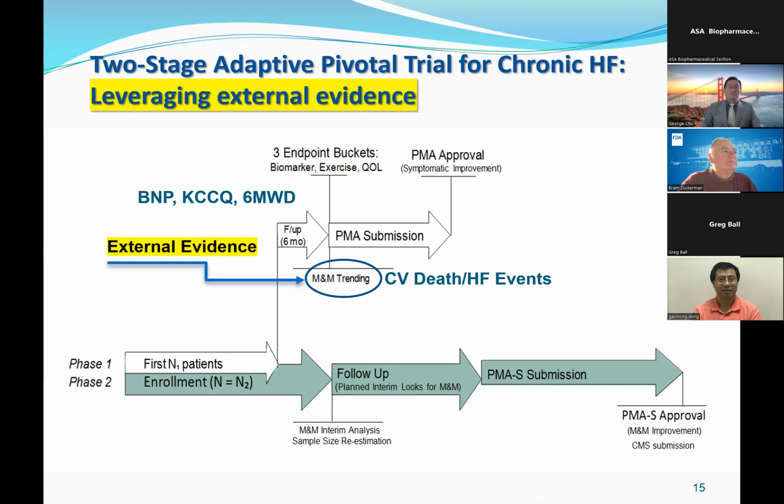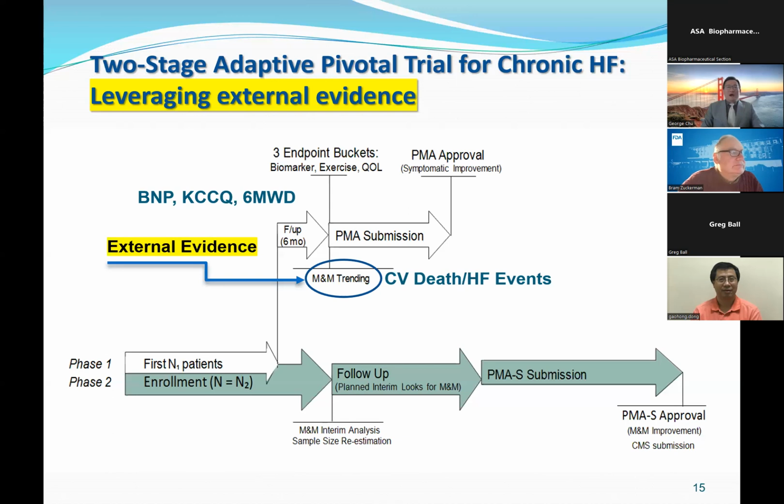For the initial sample size, we're shooting for the soft endpoint, like in a heart failure study: biomarker BNP, KCCQ, quality of life, 6-minute walking distance. With the 6-month follow-up data, potentially you get a statistical win on the so-called intermediate endpoint as listed here.